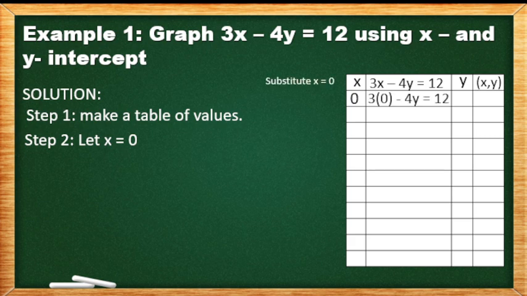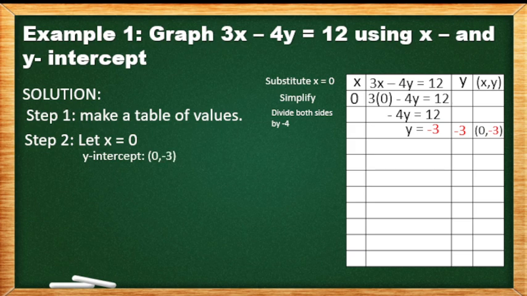Yung 3 times 0 is minus 4y is equal to 12. Since 0 naman yung x, parang mawawala lang yung 3x dyan. So, meron tayong negative 4y is equal to 12. Divide both sides by negative 4. So, we have y is equal to negative 3. So our first point, which is the y-intercept, is (0, -3).